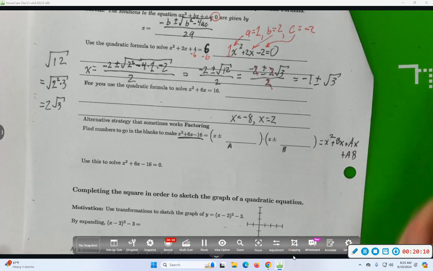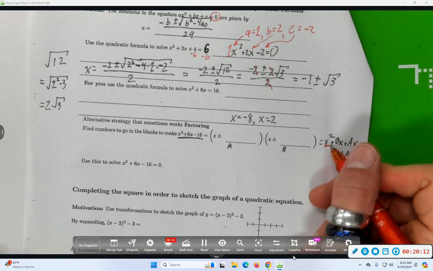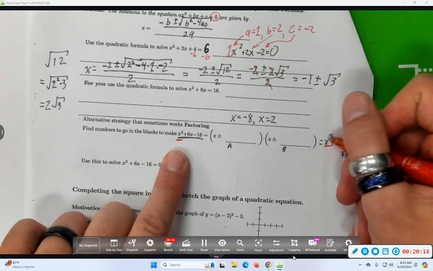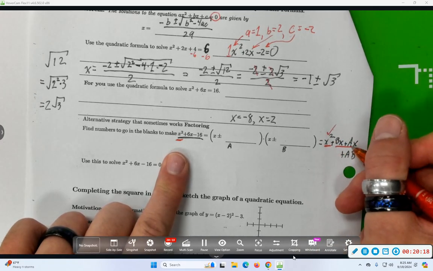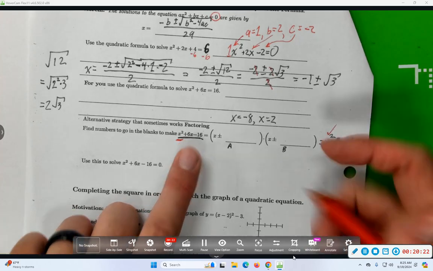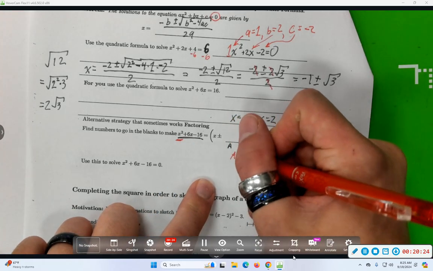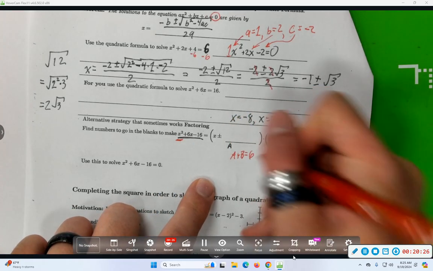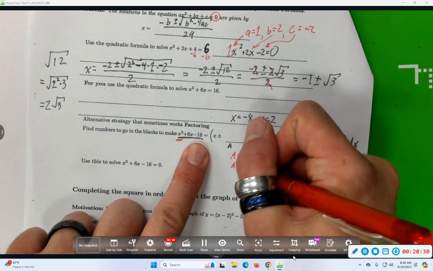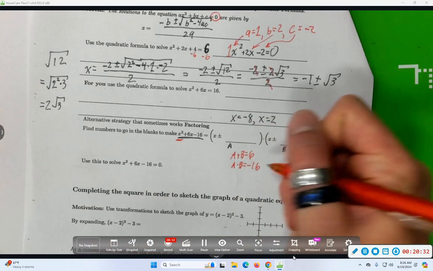So I have an x squared in what I want and an x squared in what I have. That's good. The bit that has an x next to it is b plus a. Over here it's 6. So I need a plus b to be equal to 6. I need a times b to be negative 16.